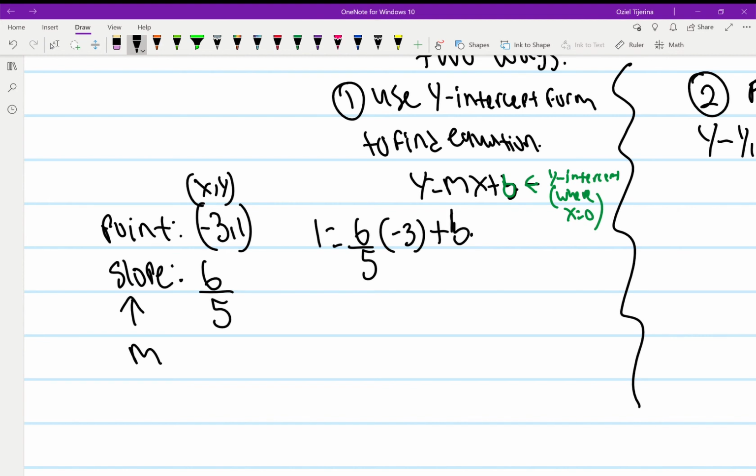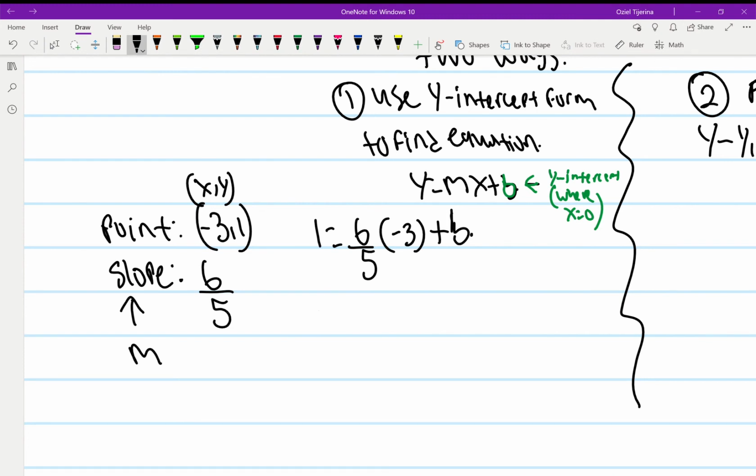So if I put y equals 6/5 x plus b, well, you're almost there, but you need to know what b is, right? You don't know what this is. So that's why you have to use a point to find your b value, okay?